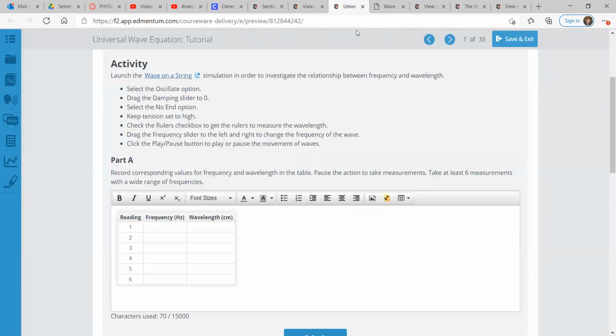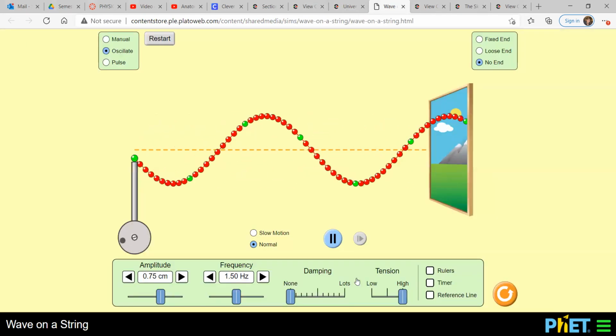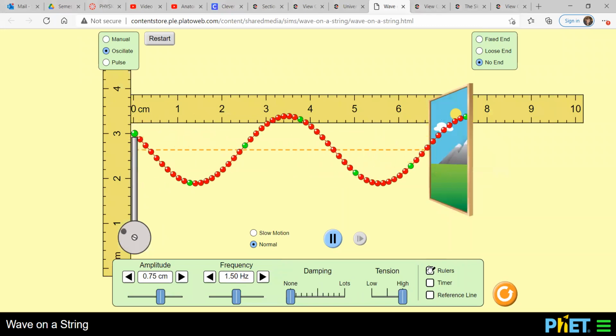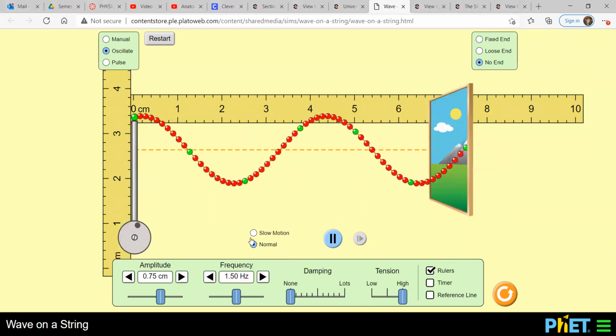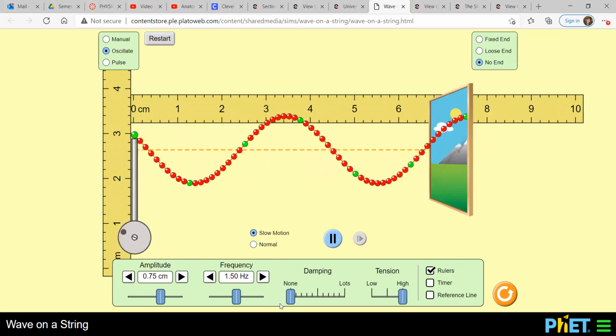Check the rulers box and then drag the frequency slider to the left and right to change the frequency and see what happens. Okay. So we'll click the rulers so we can measure stuff. And I'll use slow motion. Just easier to see what's actually happening.